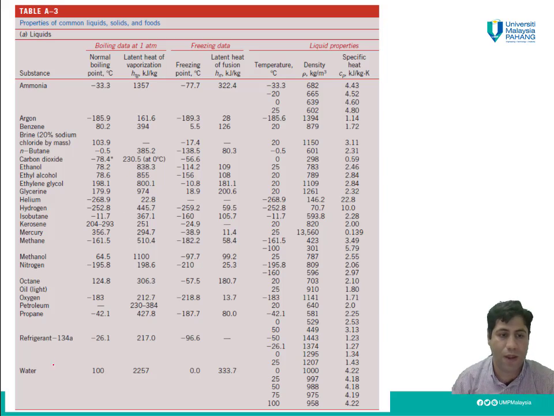In table A3, we have for water the specific heat at a temperature of 25 degrees Celsius. This is the specific heat, and this is the temperature. So for water at this temperature, the specific heat is 4.8 kilojoule per kilogram Kelvin.